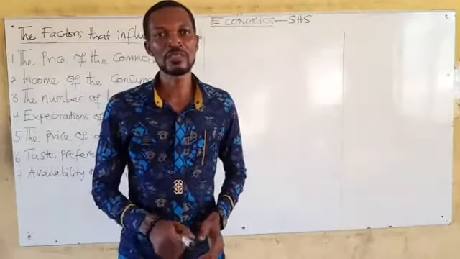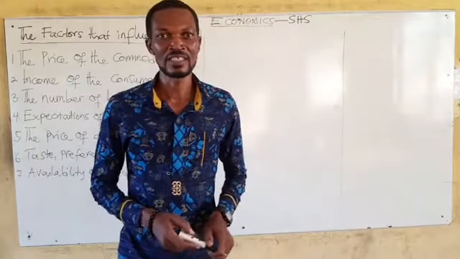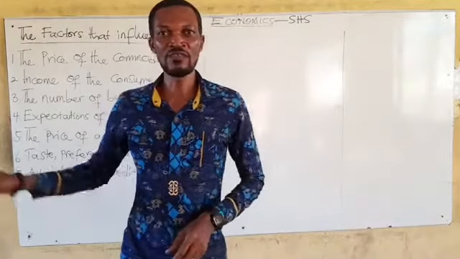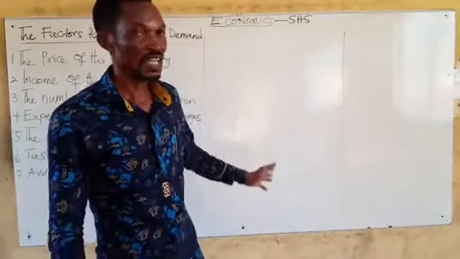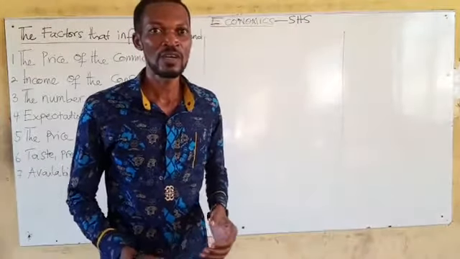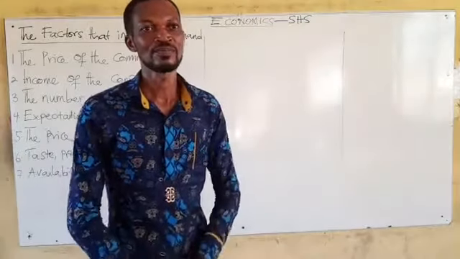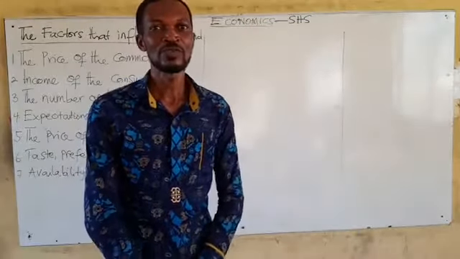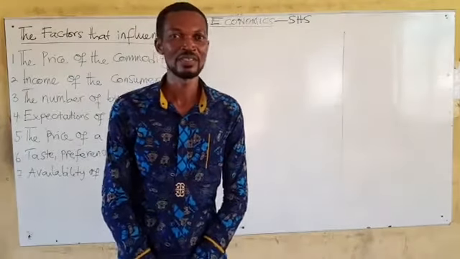And I promised you that I'll come your way again with another lesson showing you how these factors will cause a change, illustrated by a diagram, and probably how it causes a change in the demand equation. Today, I'm here to do just that. And I hope that you'll be with me.